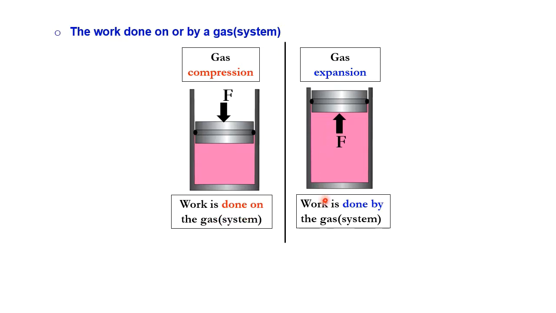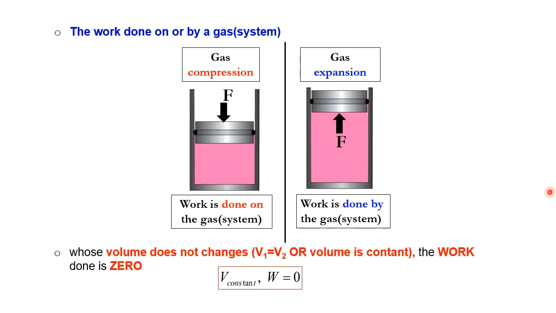Meanwhile, the work done by the system is when the gas expands, that means the volume of the gas increases. So we can say that if the volume does not change, the work done becomes 0. Please take note of this.